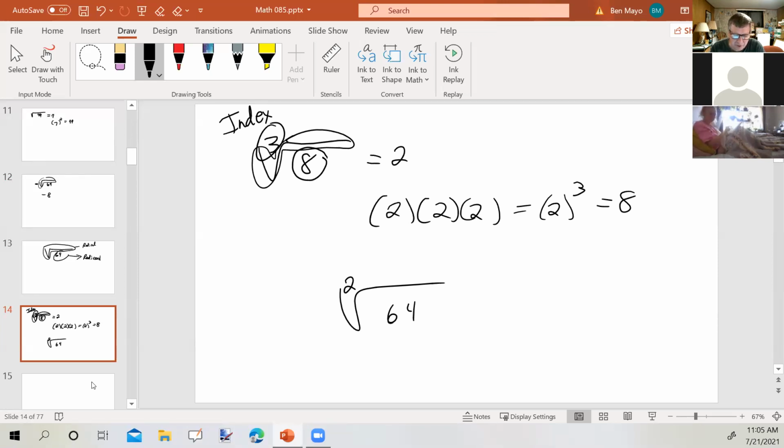Since the square root is the most common root taken, they said, okay, if there's no index, that means the index is an implied 2. All right, but if we're going to take any root besides a square root or a second root, we need to put the index in there. So be careful of that.